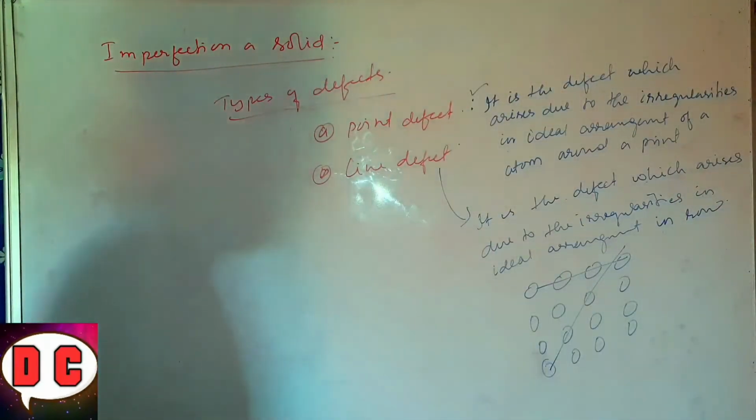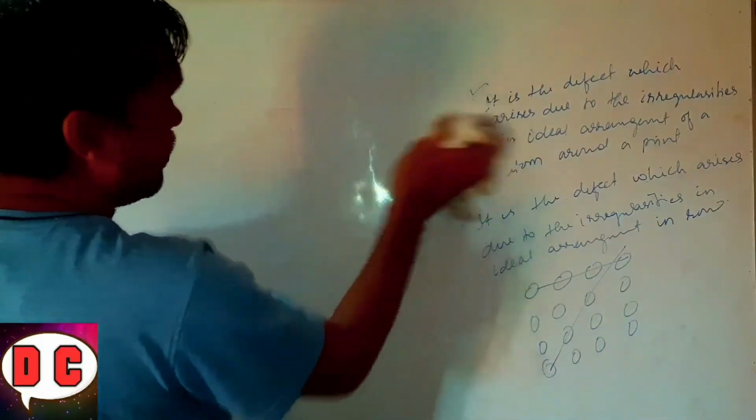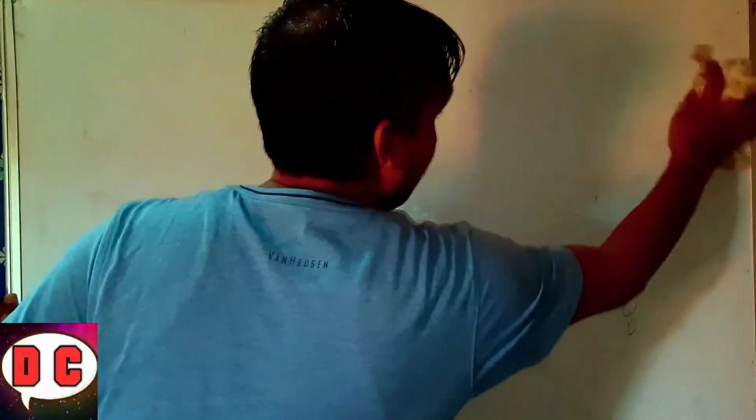It was not that difficult. So after studying the line defect and point defect, now we'll study the different types of line and point defects.